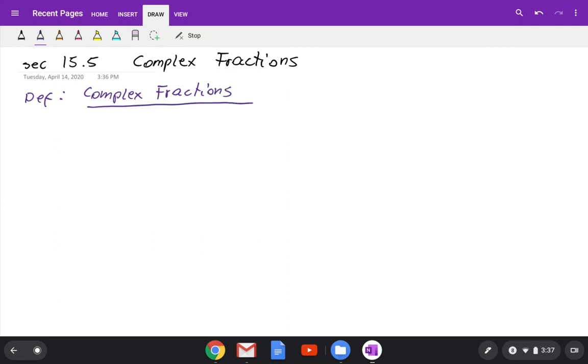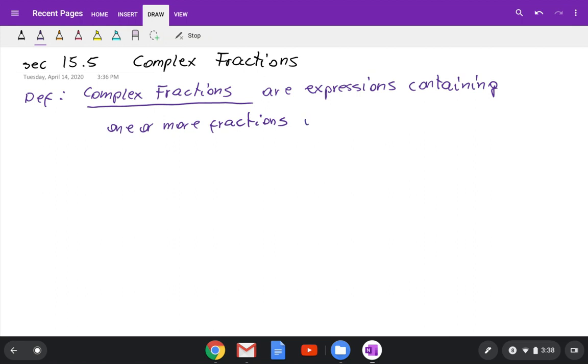Complex fractions are expressions containing one or more fractions in the numerator, denominator, or both.